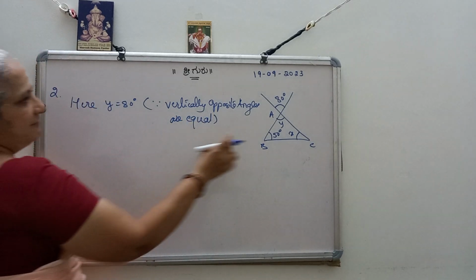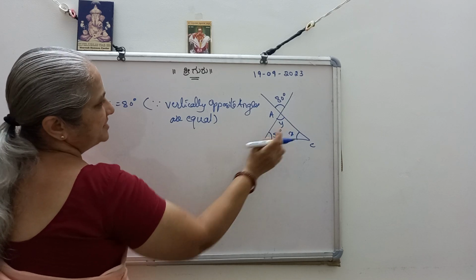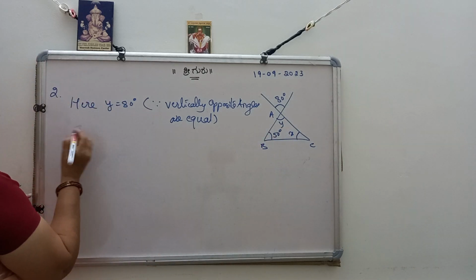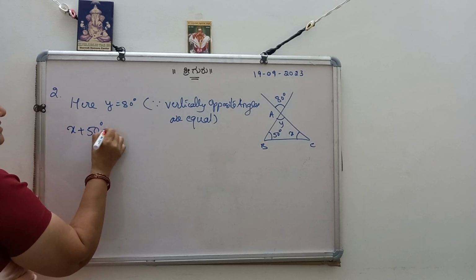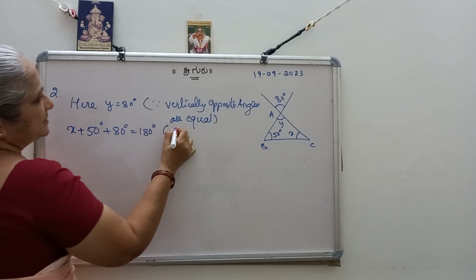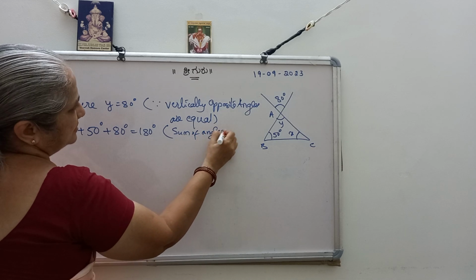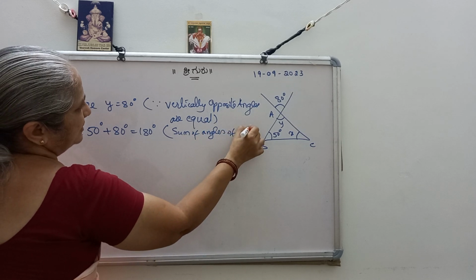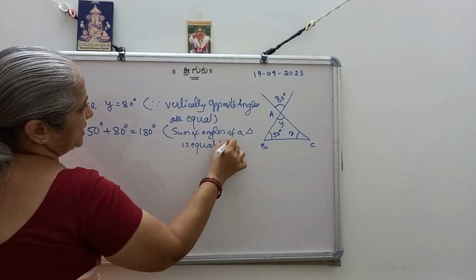Now when we find y and we have another angle is equal to 50 degrees, it is easy to find the value of x or the measure of x. x plus 50 degrees plus 80 degrees is equal to 180 degrees. Sum of angles of a triangle is equal to 180 degrees.